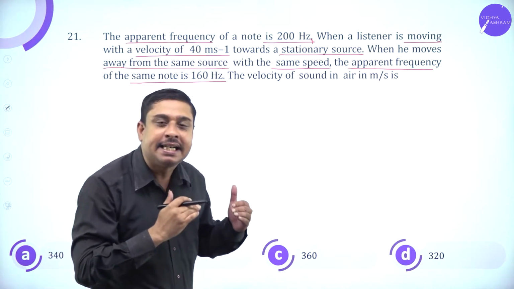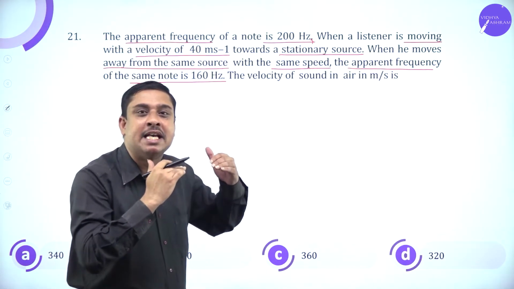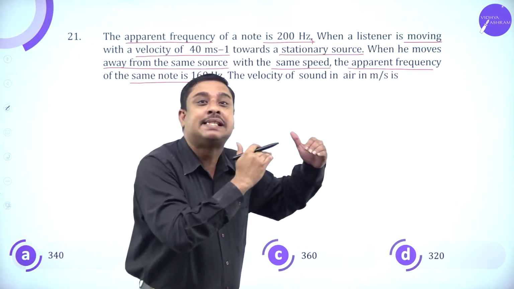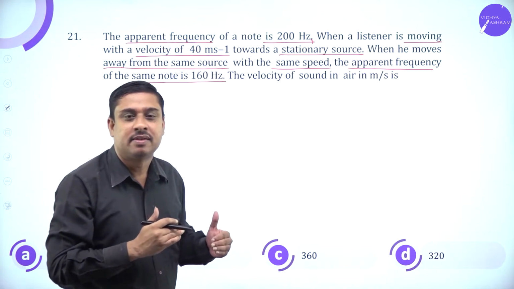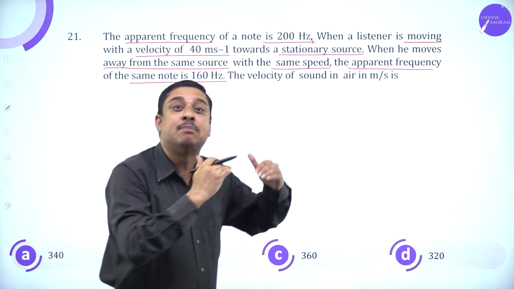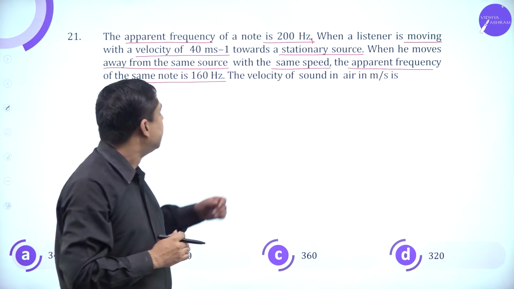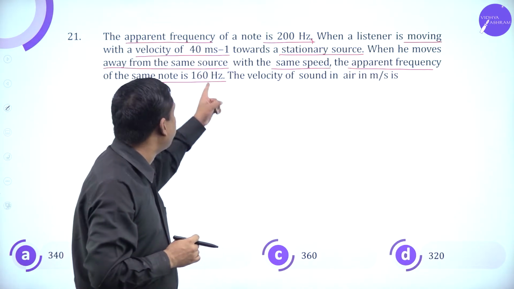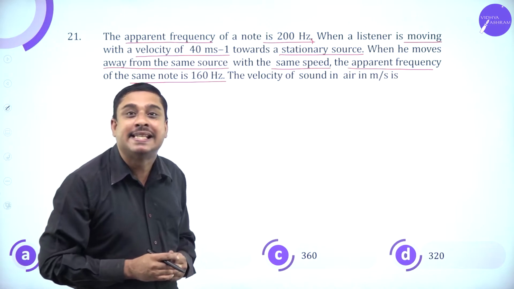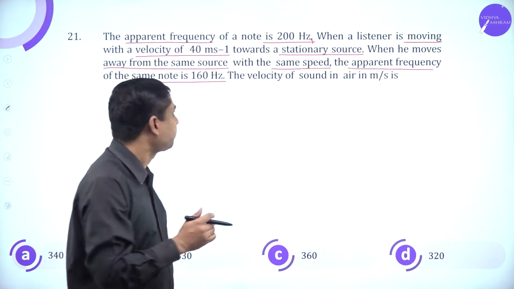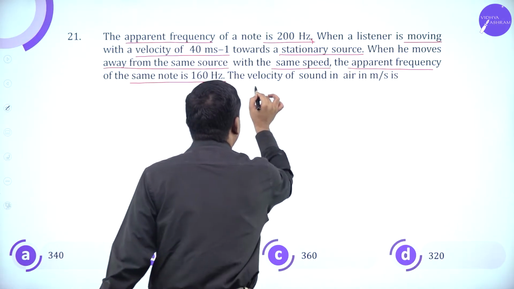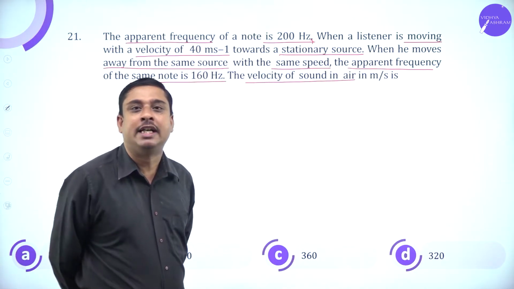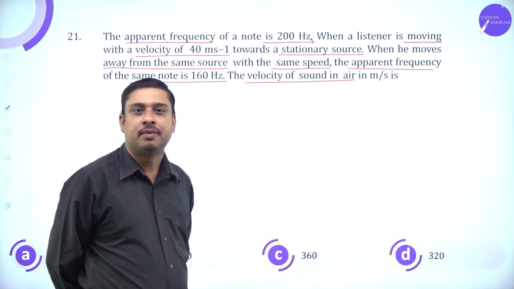In the second case, he is moving away from the same source with the same speed. Now, the apparent frequency is 160 hertz. I have to calculate the velocity of sound in air.